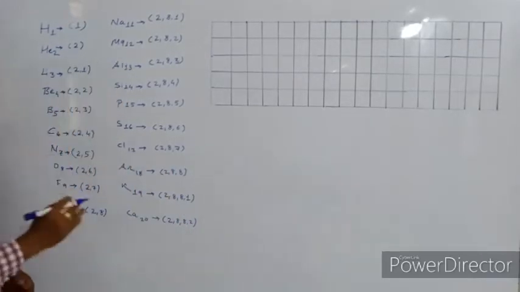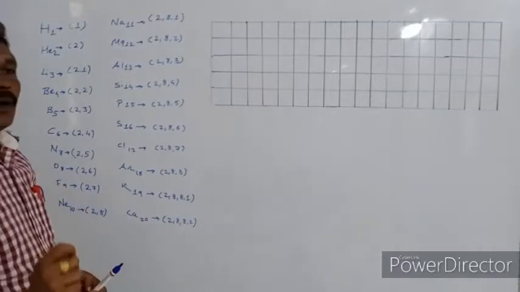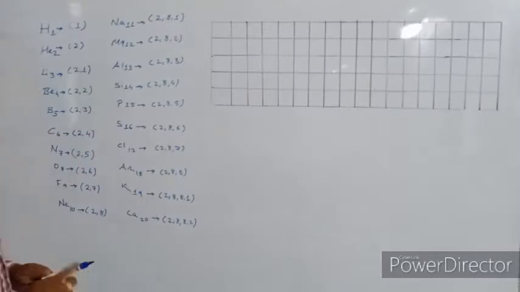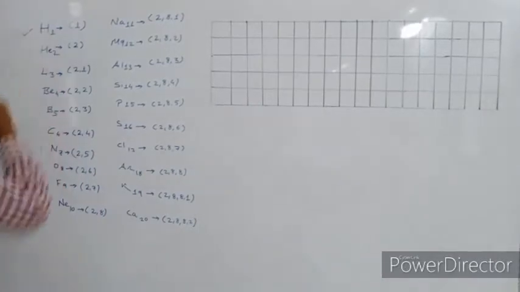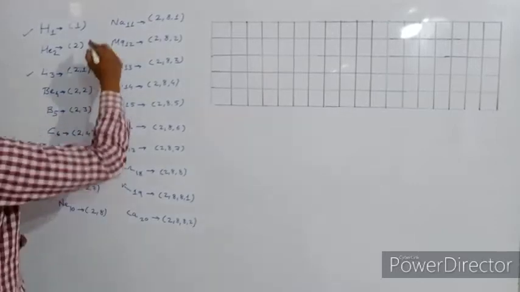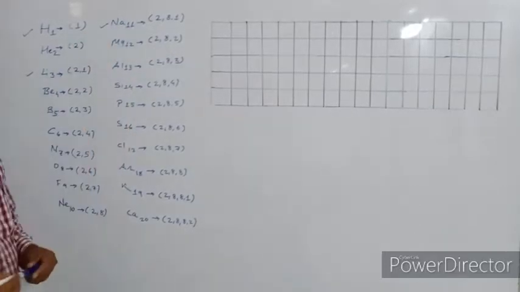This is the electronic configuration according to the atomic number. Now let us consider hydrogen, lithium and sodium.